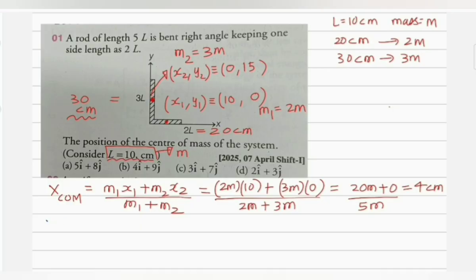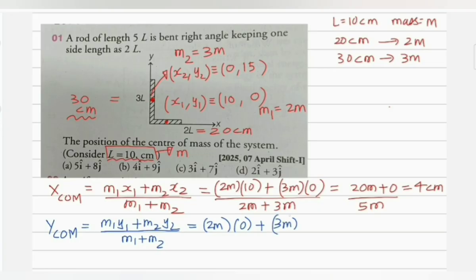What about center of mass y coordinates, sir? YCOM, tell me. It will be m1 y1 plus m2 y2 divided by total mass, m1 plus m2. Tell me what is m1? 2m, y1 0 plus m2 3m, y2 15, the whole over 2m plus 3m.